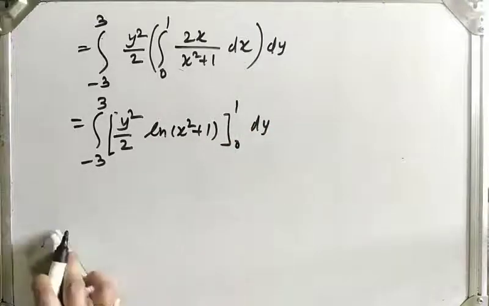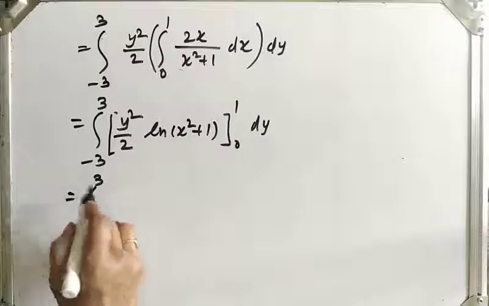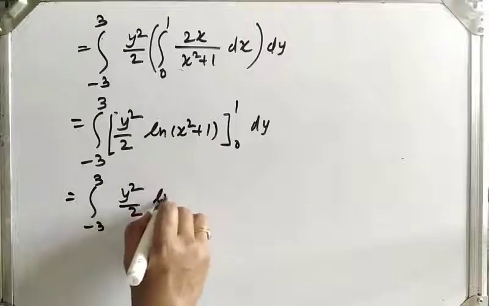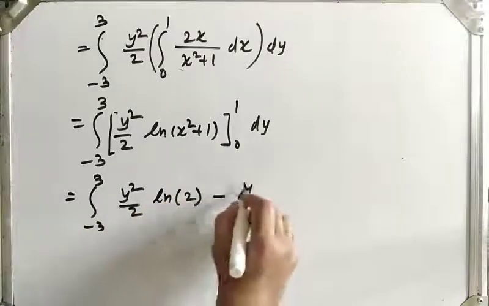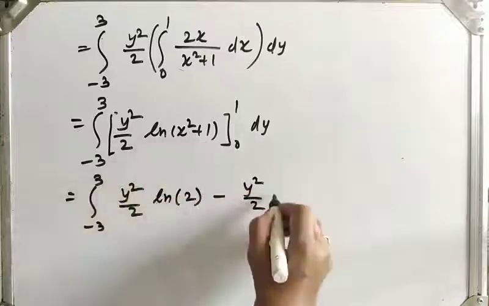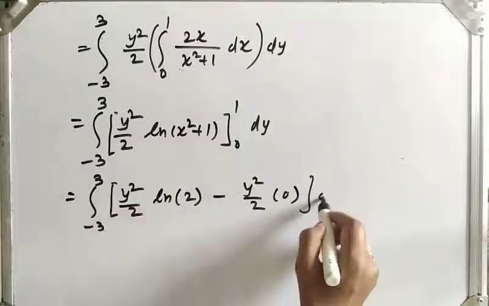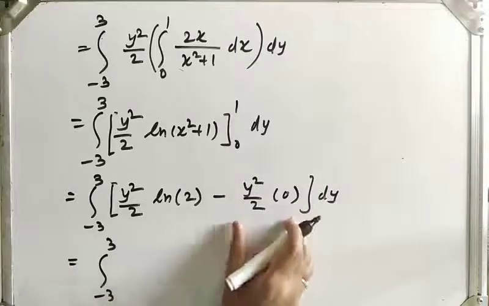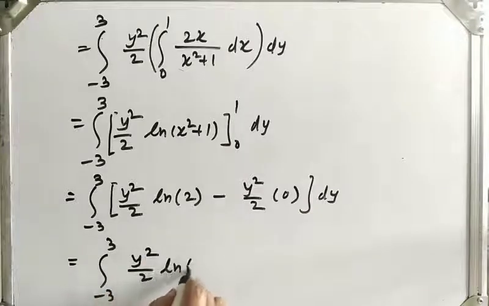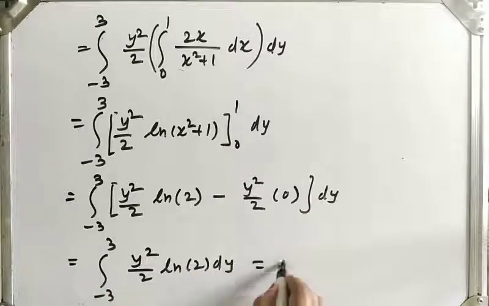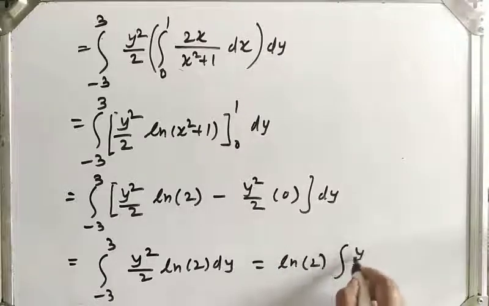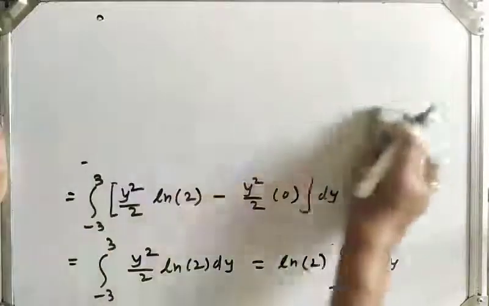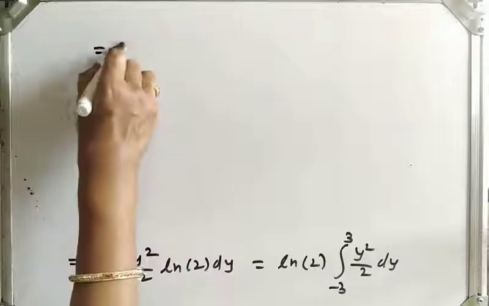Now let us apply limits. So it is minus 3 to 3 of y square by 2 times 1, then log 2, okay, log 2 minus y square by 2 times 0, log 1 is 0, dy, which is equal to minus 3 to 3, it is 0, y square by 2 log 2 dy, which is equal to, now log 2 is constant, so integration of y square by 2 dy with limits minus 3 to 3, which is equal to log 2.